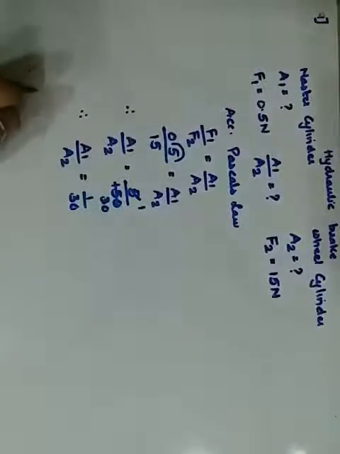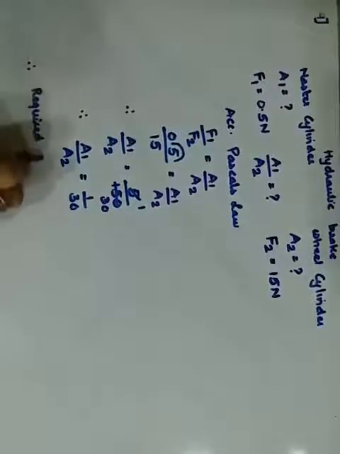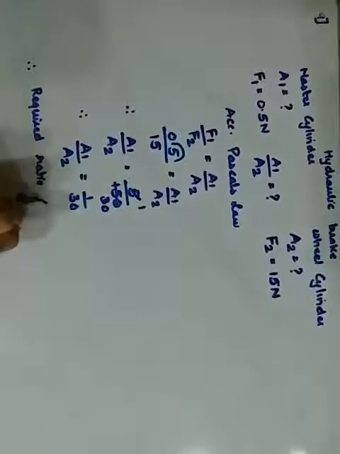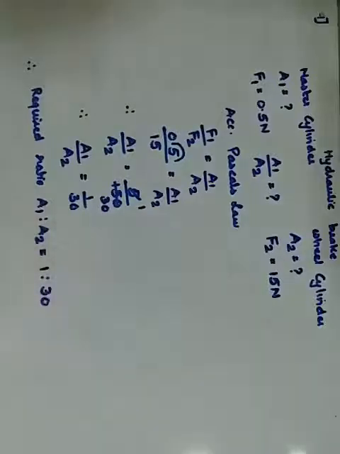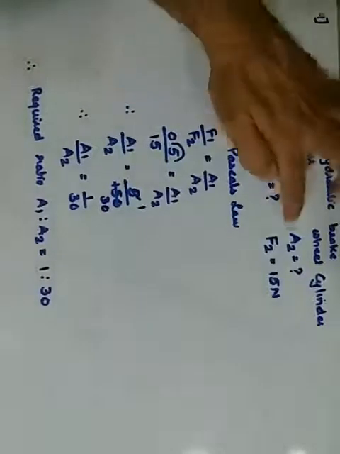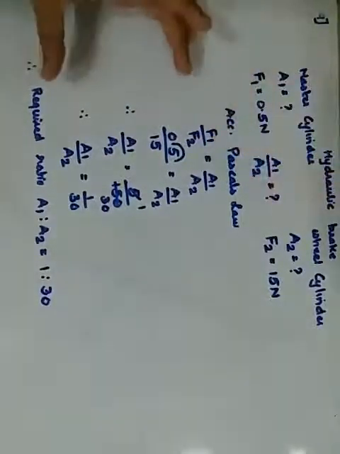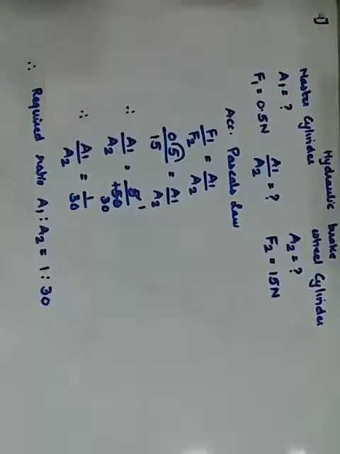Therefore the required ratio of A1 to A2 is 1:30. Simple one. Normally they give you 3 data and 1 is asked, but here since it is a ratio problem, we require A1 upon A2. Just substitute, cancel, and that is your answer.